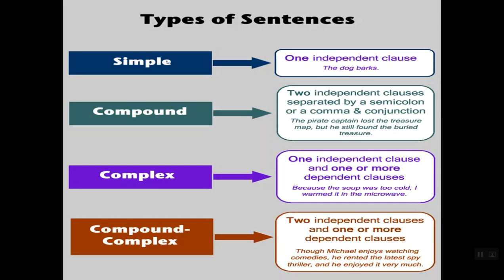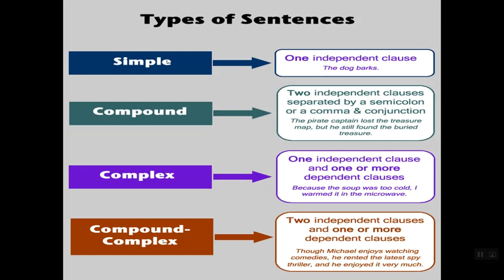So consider this example. The pirate captain lost the treasure map, but he still found the buried treasure. How many independent clauses do we have? Of course, there are two. How do you know? How many subjects do we have? We have the pirate captain for the first clause, and he for the second clause.